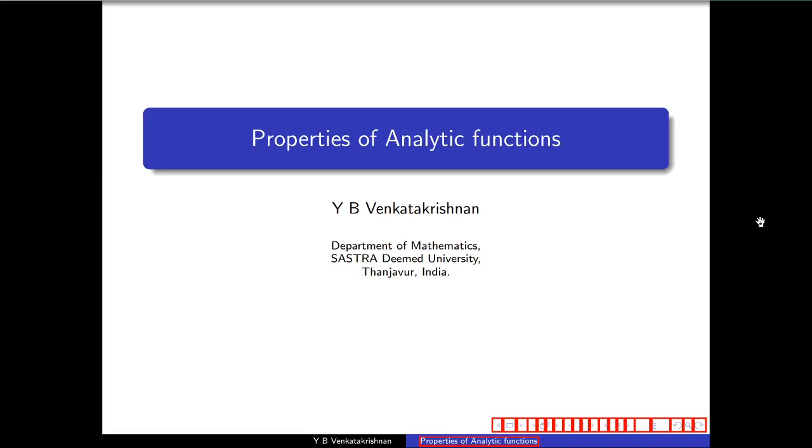Now we will see certain properties of analytic function. Let me again remind you that analytic functions are functions which are differentiable at a point and also differentiable in the neighborhood of the point.